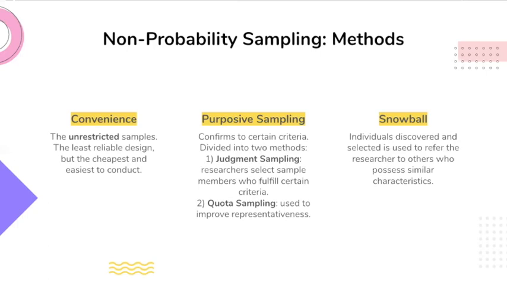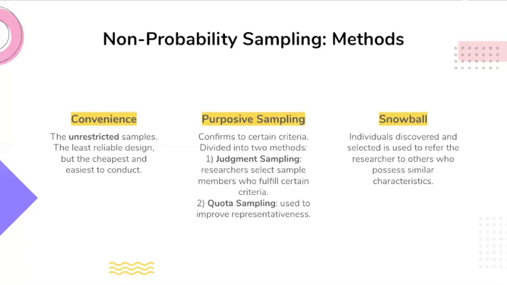And then we have purposive sampling, which I believe has already been explained by my colleague. Purposive sampling is a non-probability sample that conforms to certain criteria, a targeted sample.